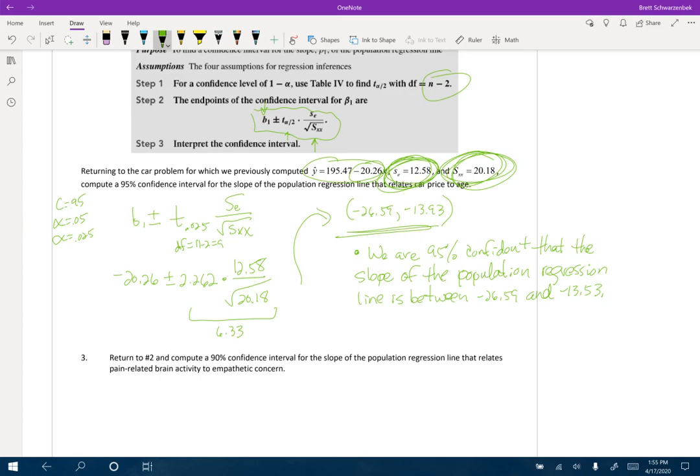Second thing, there's a side note on this.